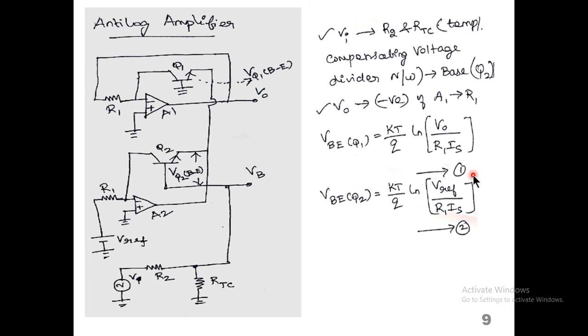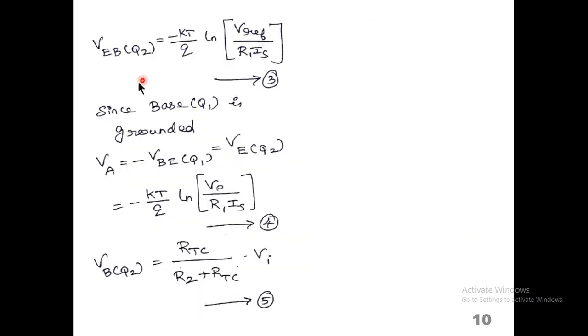For transistor 2, it is given in equation number 2. Now the emitter-base voltage of transistor 2 is written in equation 3. After that, the voltage at point A is equation number 4, minus kT by q ln of V0 by R1 IS. The base voltage of transistor 2 equals RTC divided by R2 plus RTC, times VA, equation number 5.